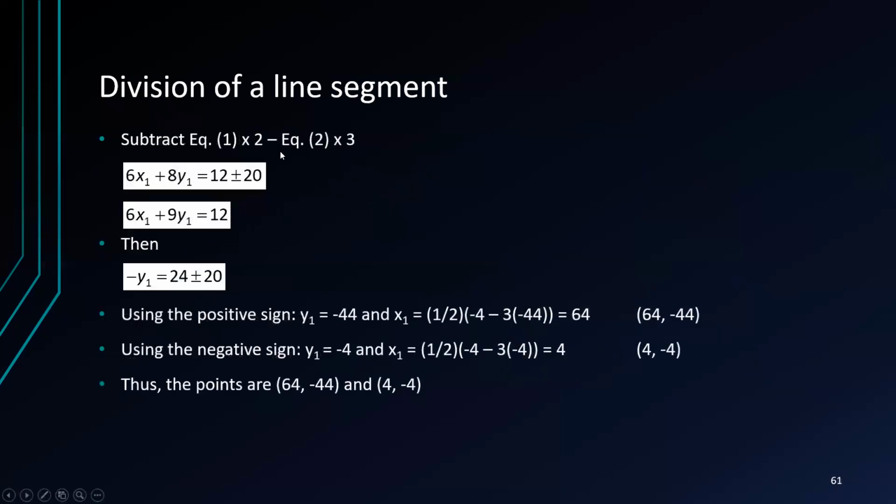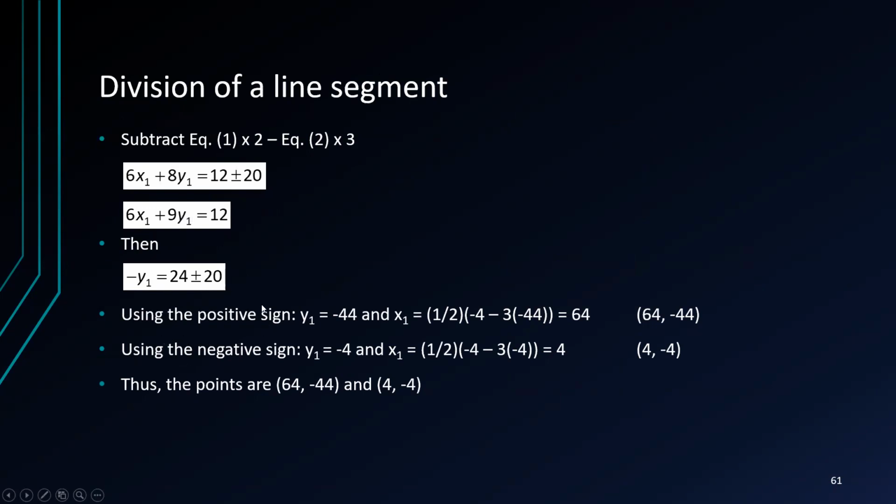Subtract equation 1 times 2 minus equation 2 times 3. Magiging 6x1 plus 8y1 is 12 plus or minus 20, minus 6x1 plus 9y1 is equal to negative 12. Ano, yung kanina to, so equation 2. Yan. So then, negative y1 is 24 plus or minus 20.